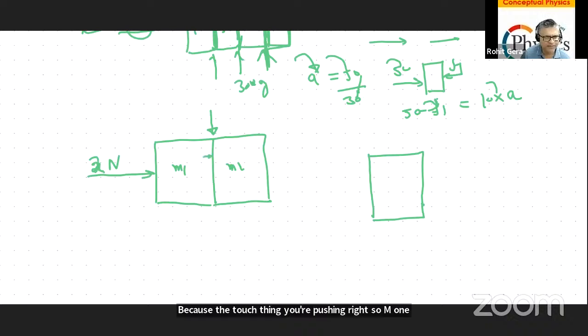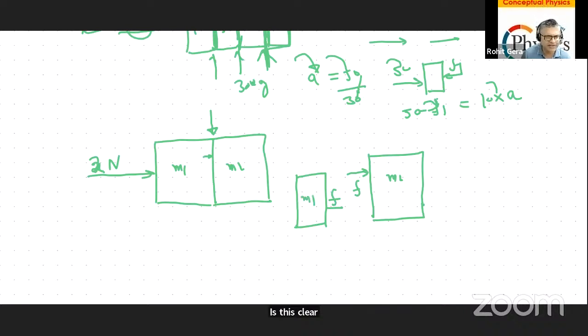If it pushes on M2, this is that force on M2. And then M2 will also push it back. Is this clear? Yes. This is your action and reaction. This is action, this is reaction. This part is clear? All right. Fair enough.